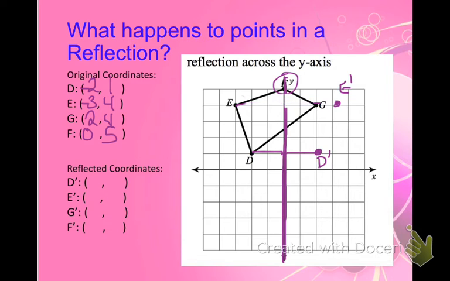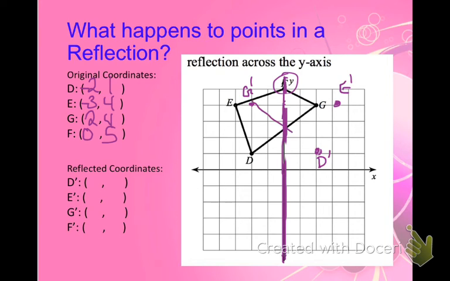You don't necessarily need to write all those lines. G is 2 away, and so when I flip it, it's going to have to also be 2 away over here. So here's G prime. And then F prime doesn't flip because it's on the line of symmetry, or the line of reflection.